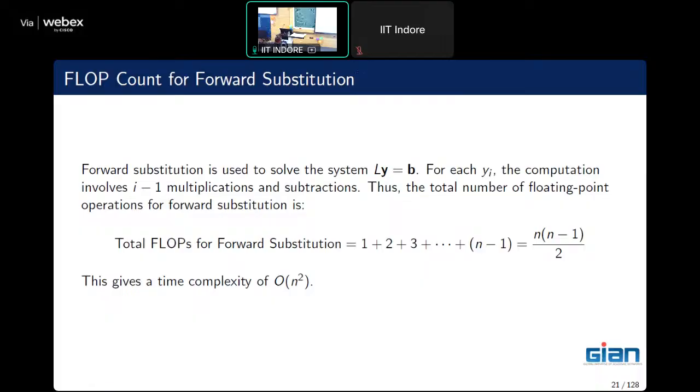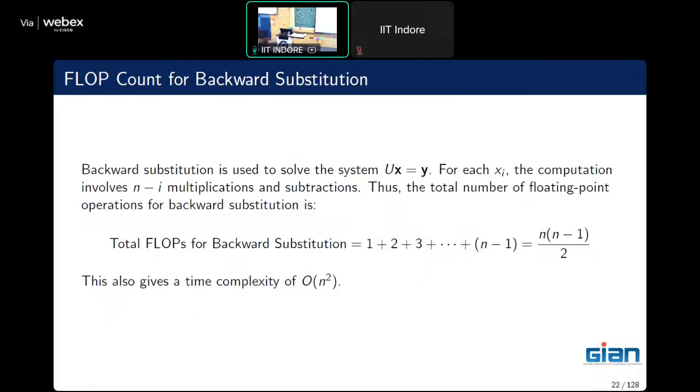And similarly for the backward substitution, you can find the calculation, because first you need 1 division, then the second and the third, and the number of steps will increase as i varies from 1 to n, j varies from i to 1 to i minus 1. The first step 1 plus 2 plus 3 and so on, up to n minus 1 additions, and by looking at the calculation you can find that finally you get order of n square.